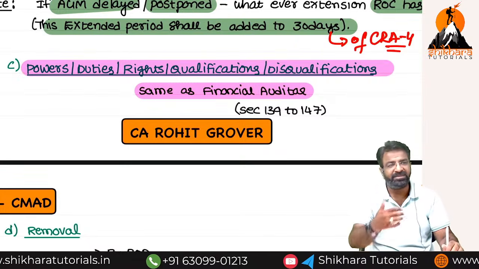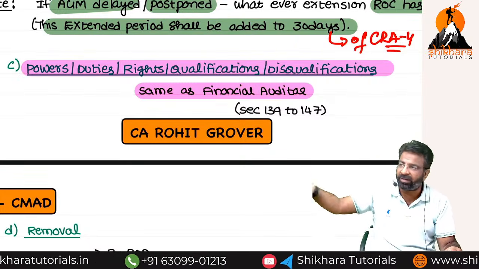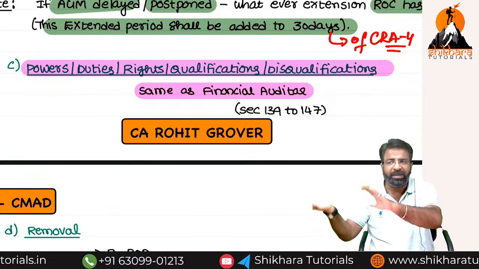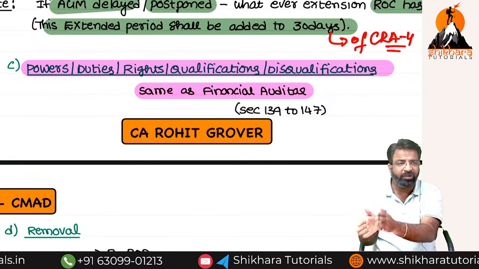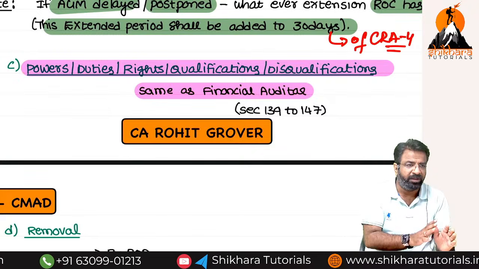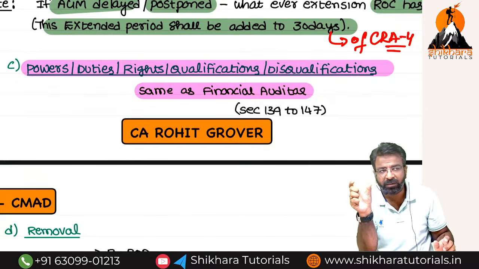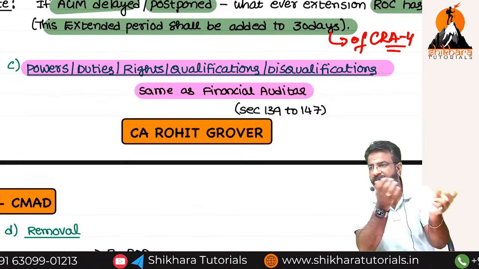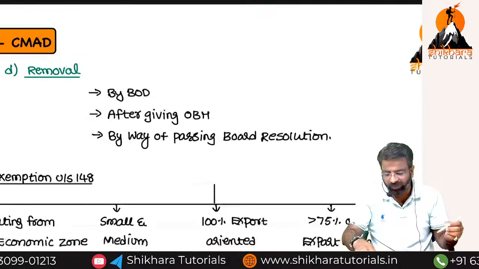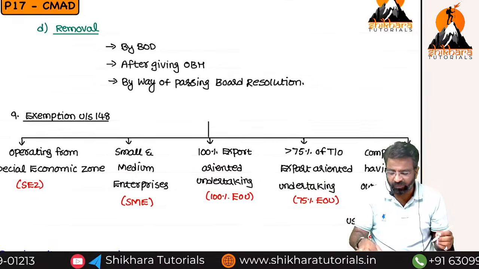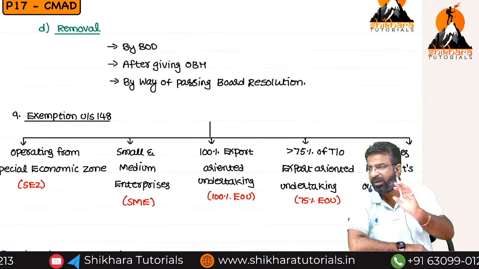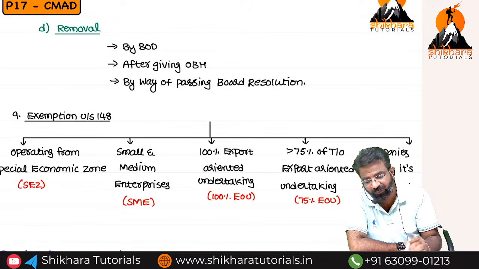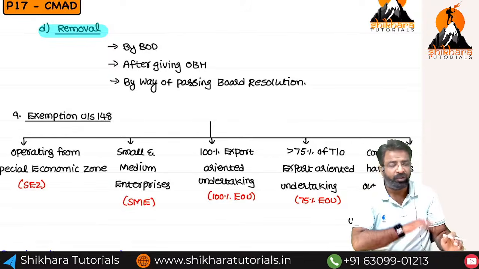They said that some sections which you have read in the company audit chapter are equally applicable to the statutory auditor as well as what? Cost audit. It means from 139 to 147, some sections are equally applicable to which auditor? Cost auditor. Out of that, the very first thing we need to understand later on, but before that, let me tell you the removal section which makes it different from the cost auditor or statutory auditor.